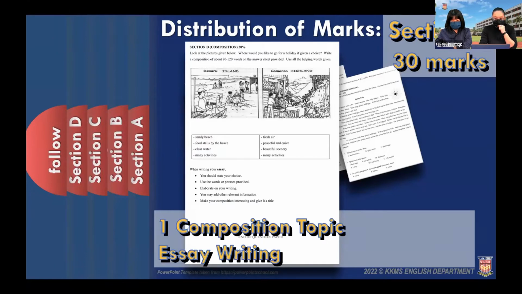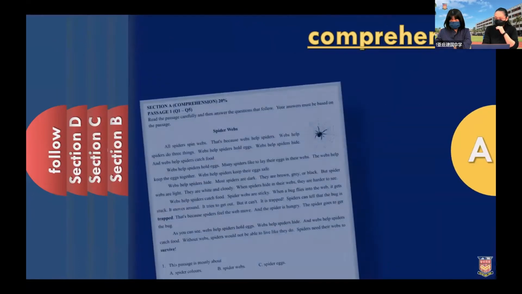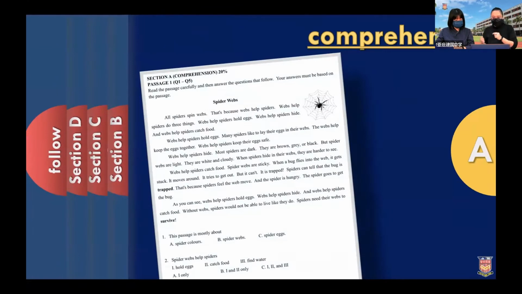Essay writing, I will be the one explaining, whereas the previous 3 sections, Section A until Section C, will be given to you by Teacher Reen here. Now let's pass the time to Teacher Reen. Teacher Reen, please.